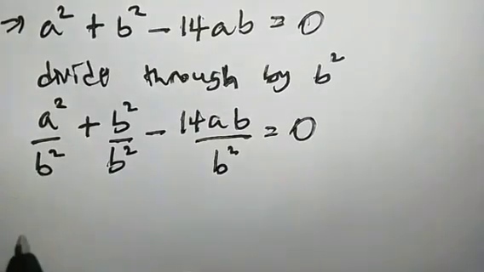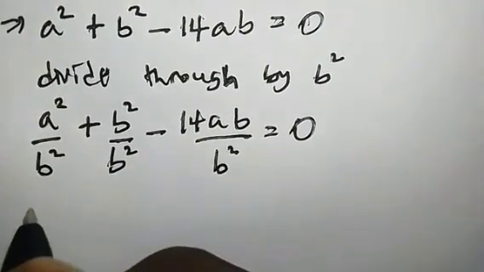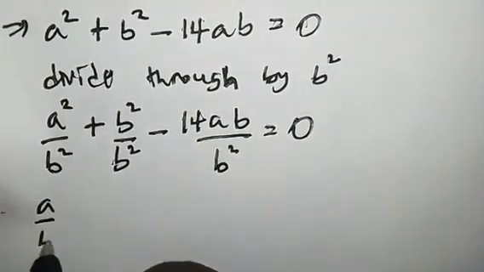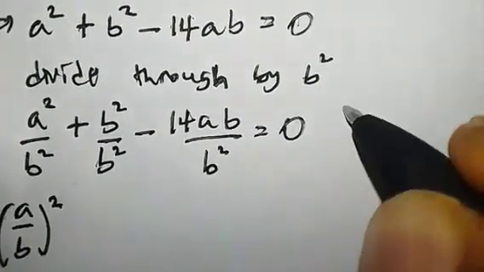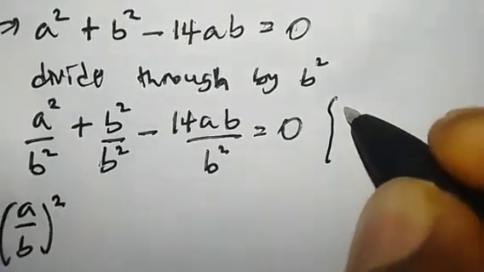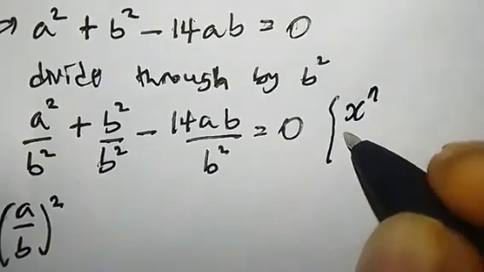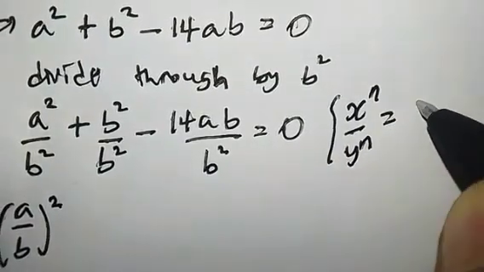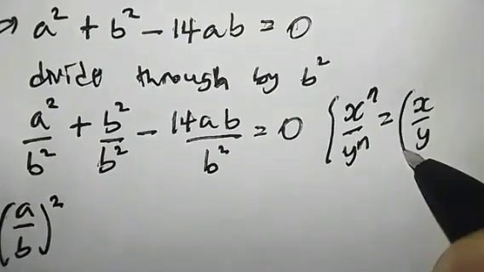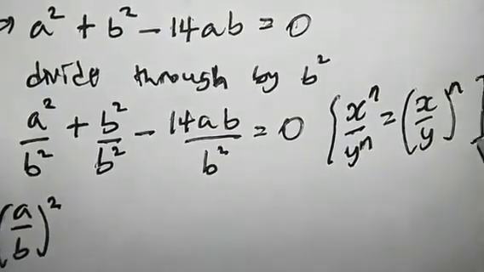a square over b square could be written as a over b all squared. That is, by using this identity, let's say we have x to the power of n over y to the power of n, this is equal to x over y all raised to n.